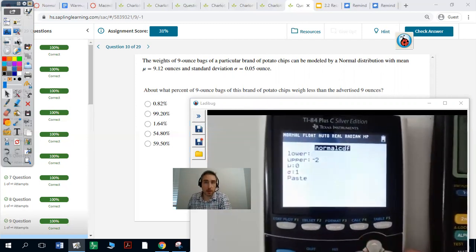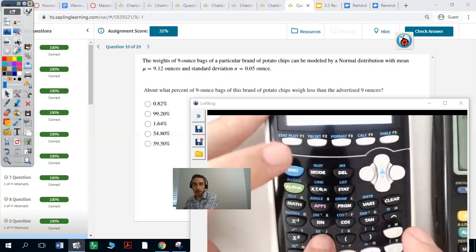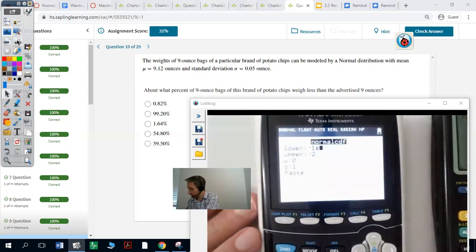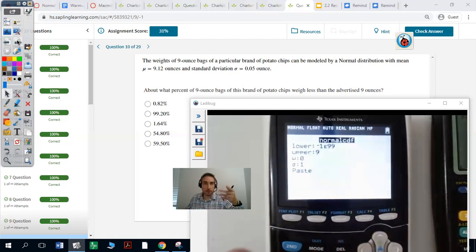Since it's saying less than 9 ounces, your upper would be 9. Your lower would be negative infinity. So you say negative 1, EE, that's second comma, 99. Negative infinity, and then 9. Your mean, you put that 9.12, and your standard deviation, 0.05.